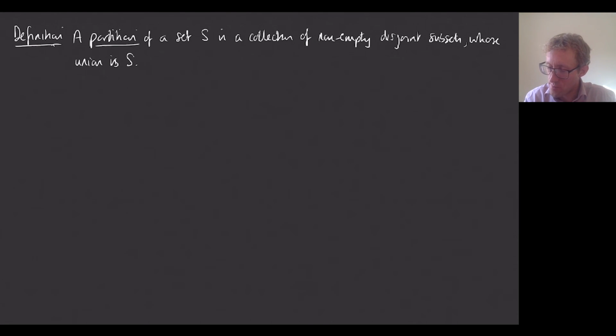The parts have got to be non-empty and they've got to be disjoint, so they can't overlap. And if we add all of the parts together, we've got to get the whole of the set S.